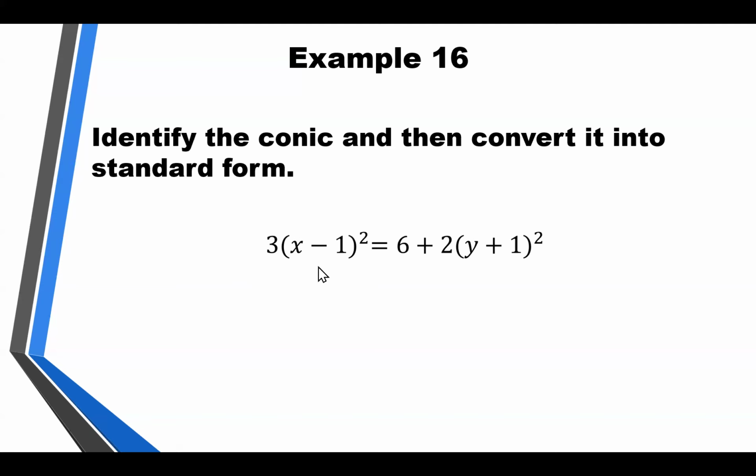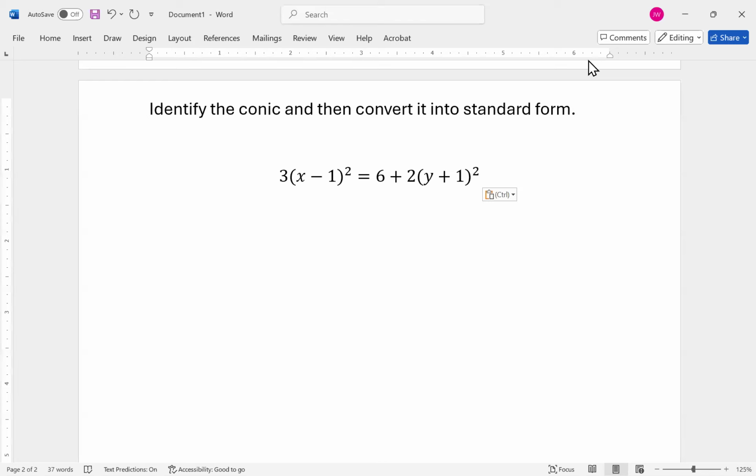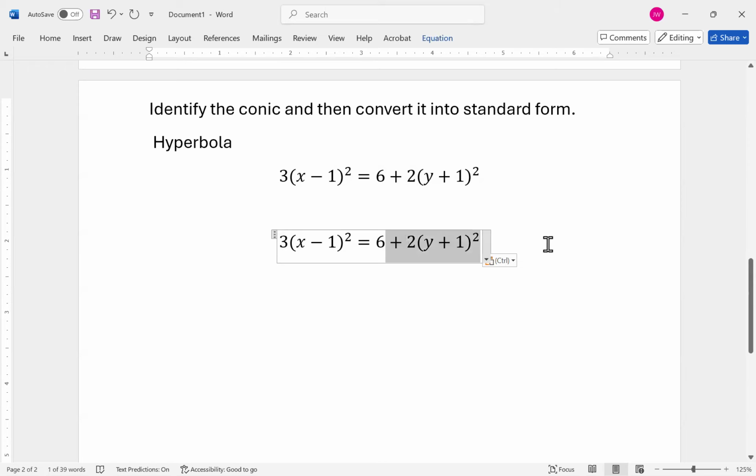If I want to convert this equation into the standard form of the hyperbola, I just need to do some basic algebra in this case. So let's do that. What you would do is start with this equation. Since I know what a hyperbola looks like, I want to get the two squared pieces on the same side.